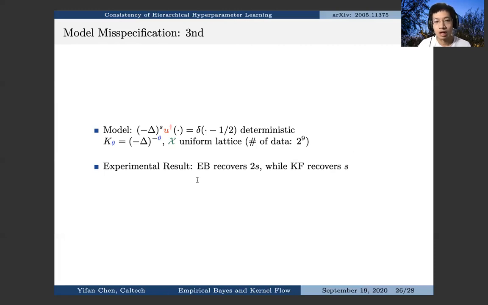The reason comes from the theoretical regularity of this U dagger, because when U dagger is drawn from some Gaussian process, we can prove the convergence of the estimators. In that case, one property we rely on crucially is the theoretical regularity of the Gaussian process. If you are interested, you can look at our paper for more details about this experiment.